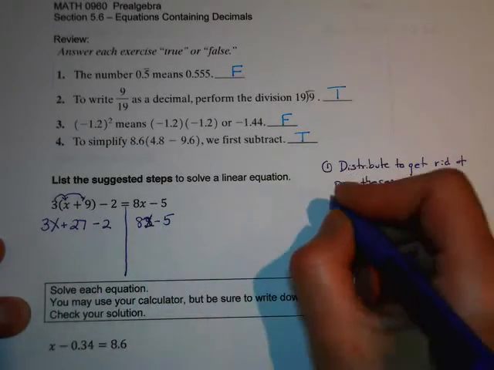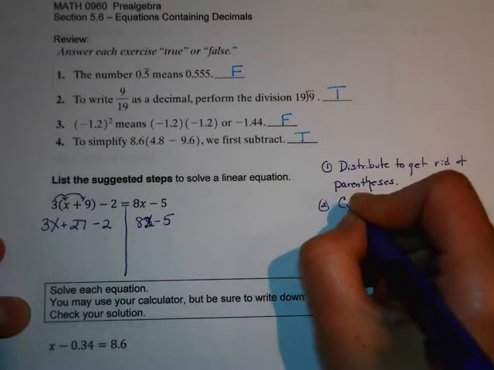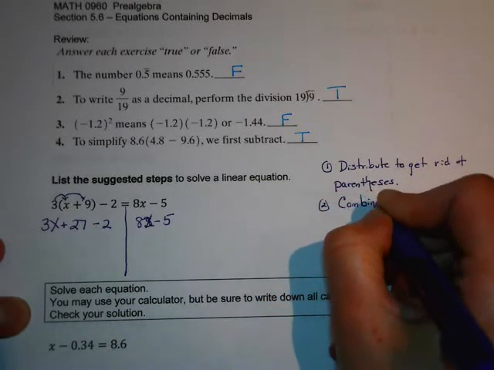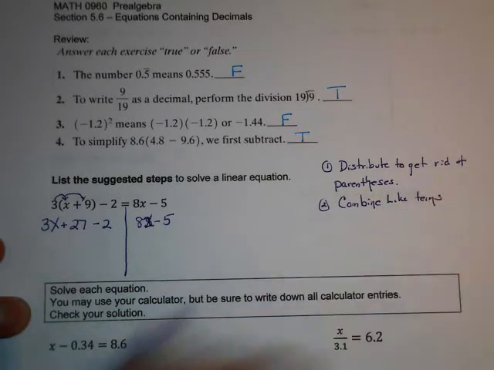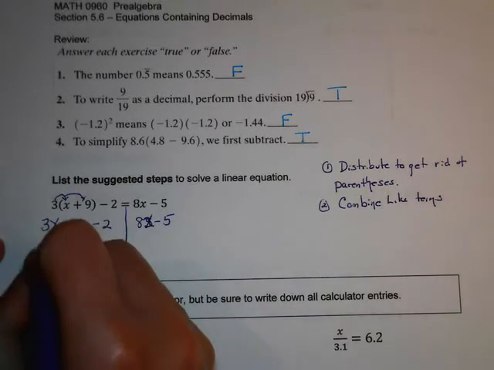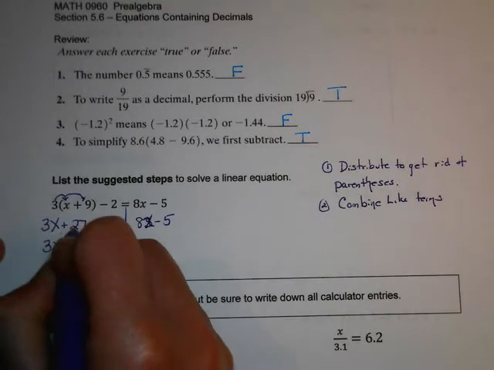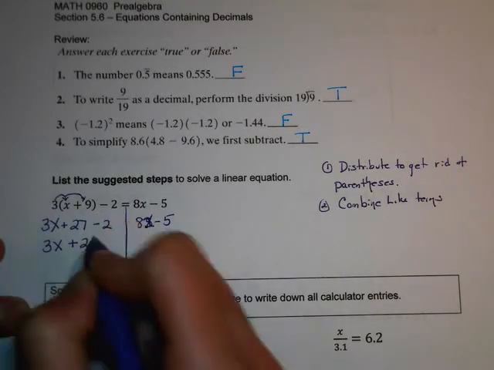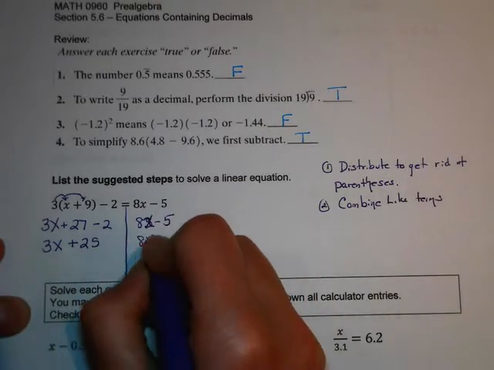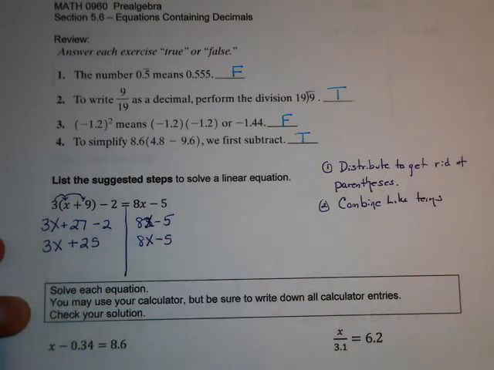Okay, and then step number 2 is combine like terms. So over here we have 3x and then positive 27 minus 2 would be 25, and then here we still have the 8x minus 5.